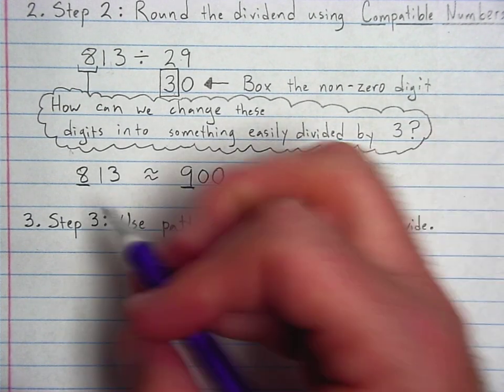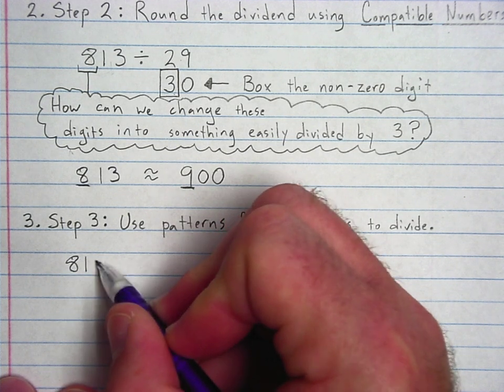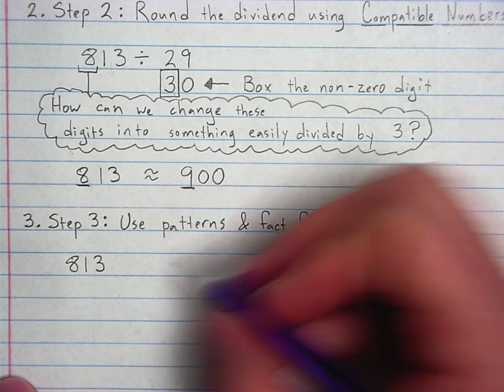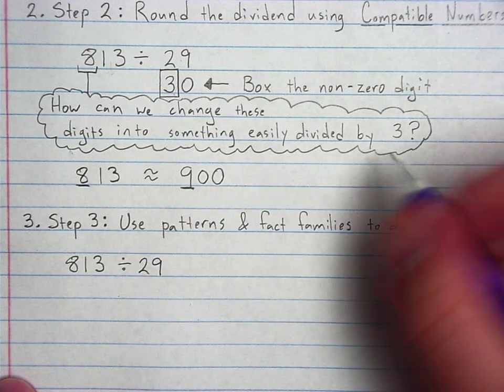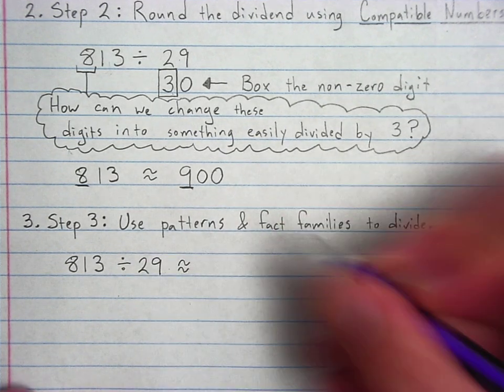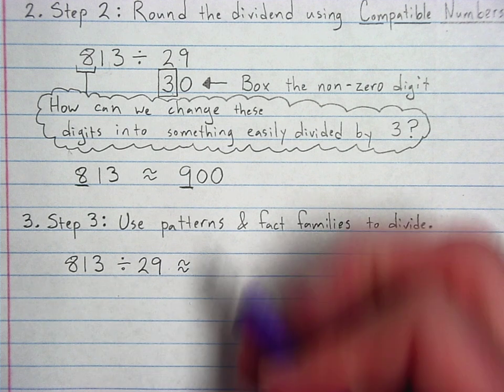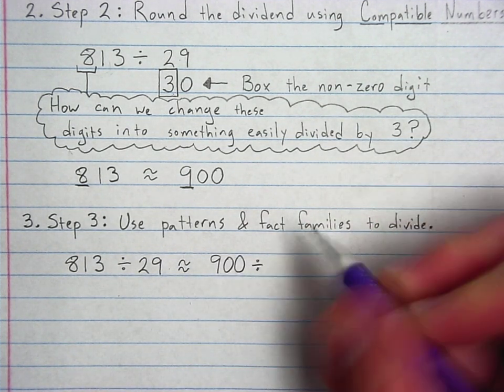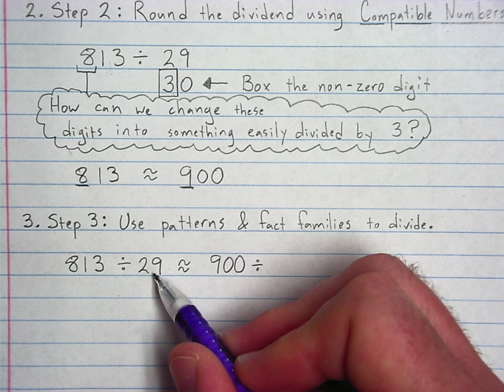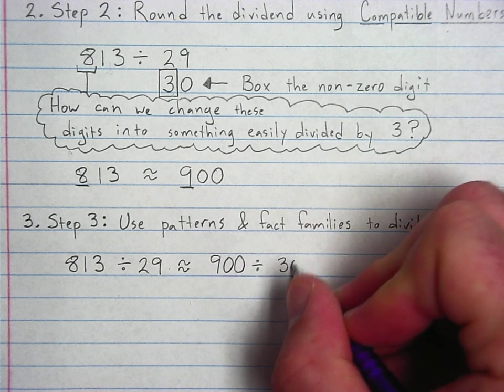Okay. So my original dividend was 813. My original divisor was 29. This is approximately equal to, I changed this one to 900 after I had already changed this to 30.